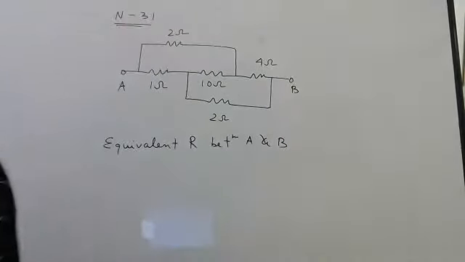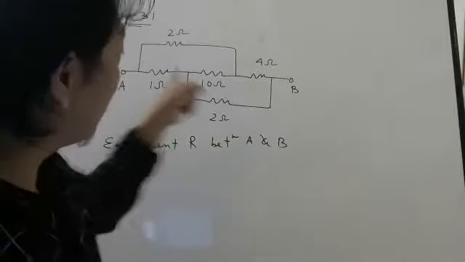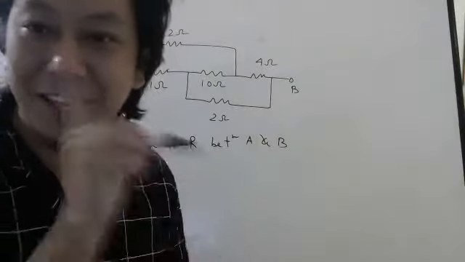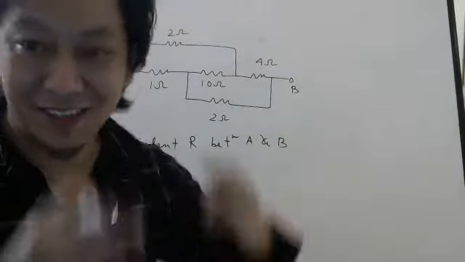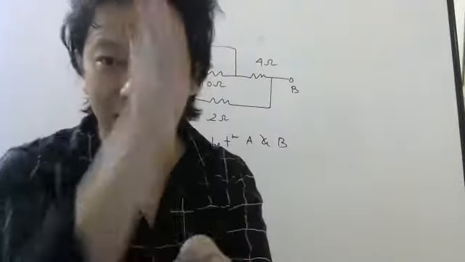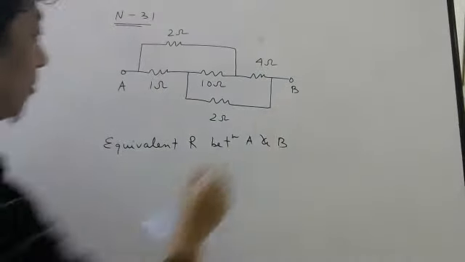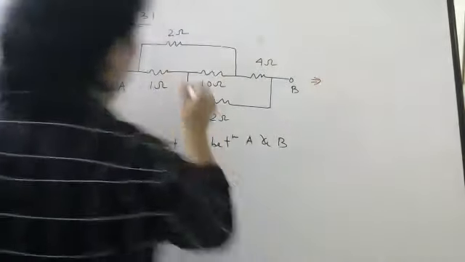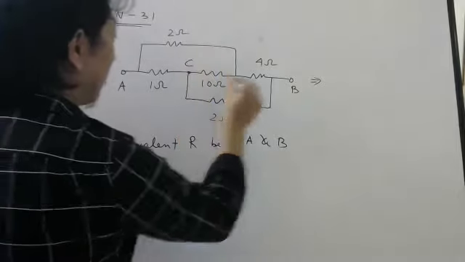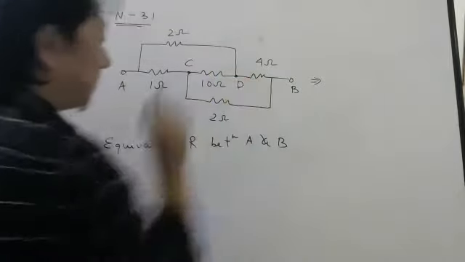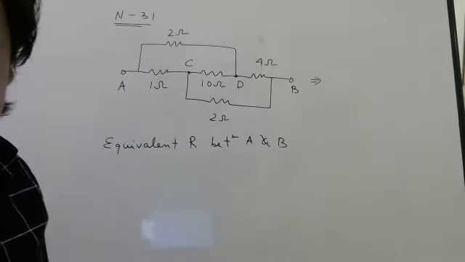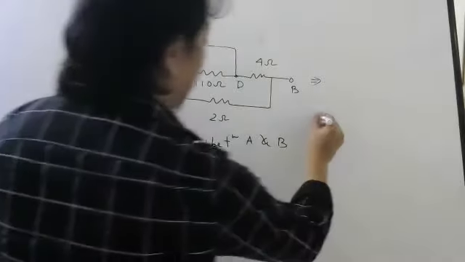The first thing you should realize, students, is that the moment you see this circuit, it is nothing but a Wheatstone bridge. So let me try to quickly show you how it is like that. Call this point C, call this point D. You can give some names yourself. Now see, this is the A terminal, right?